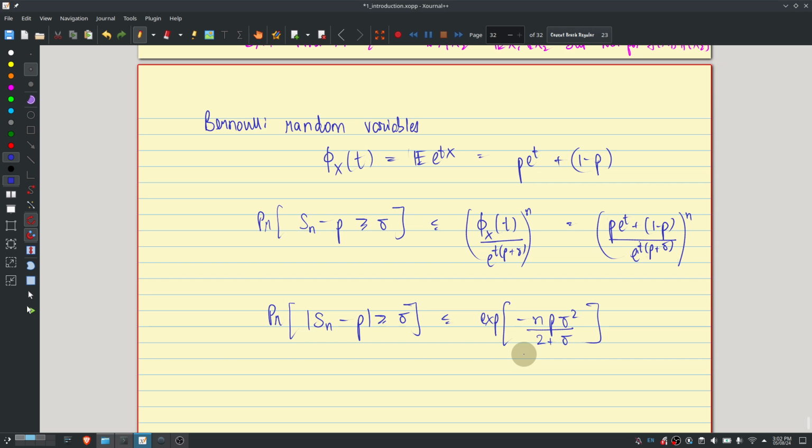Right? And this holds for any delta greater than 0. What's the value of p? You have to be careful.